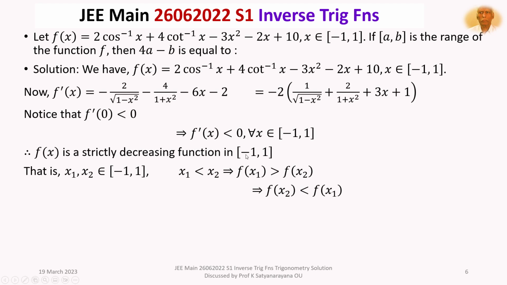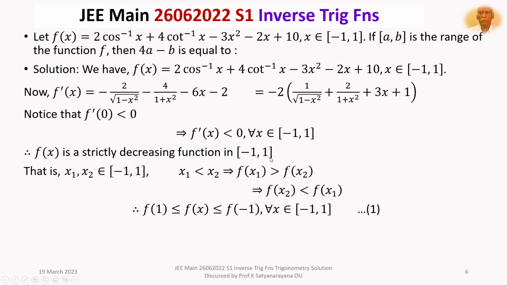So, what happens in minus 1 to plus 1? Therefore, f of 1 less than or equal to f of x less than or equal to f of minus 1. Why? Because x2 is 1, let us say, x1 is minus 1.